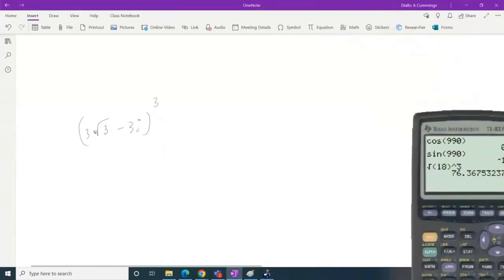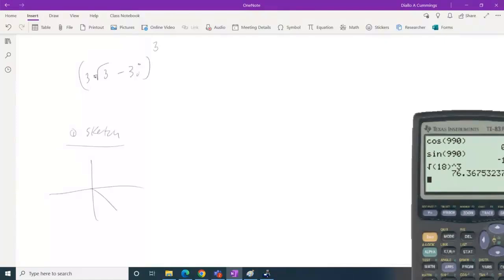So when you convert that to trig form, if you sketch it out, the x is positive, the y is negative, so that's going to be in the fourth quadrant, right? So that's between 270 and 360.